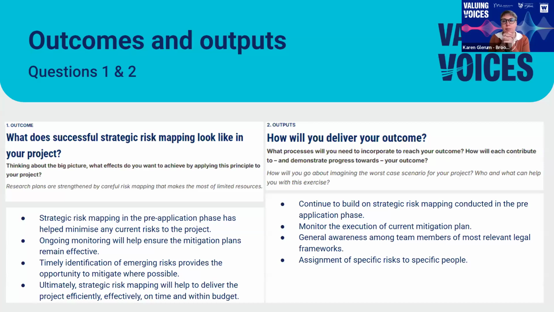Yeah, so Lucy just showed what the tool looks like online, and we've just taken out how you answer those questions that guide you through the principles in the tool. So 5 principles, and for each one we have the same 4 questions that, as Lucy said, take you from the big picture to the really practical implications for your project.